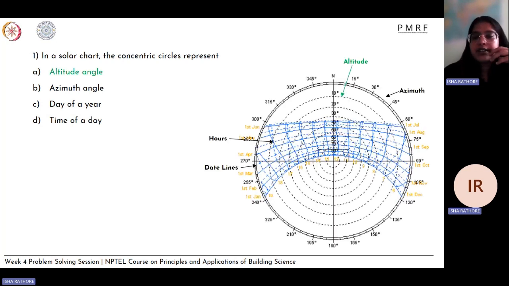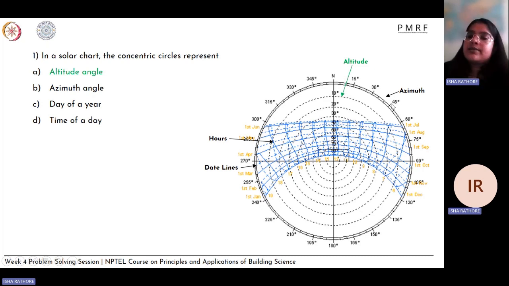The concentric circles here are the altitude angle which the sun forms with the building. The altitude angle goes from 90 in the center to 0, decreasing from 90 to 0. So the concentric circles are basically the altitude angles.